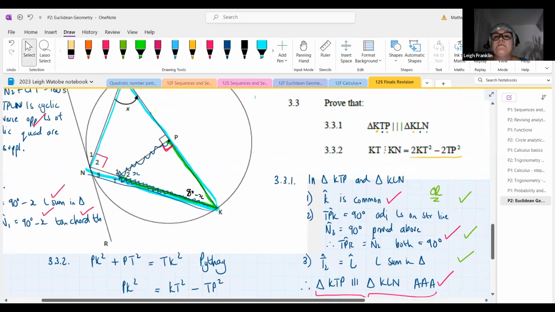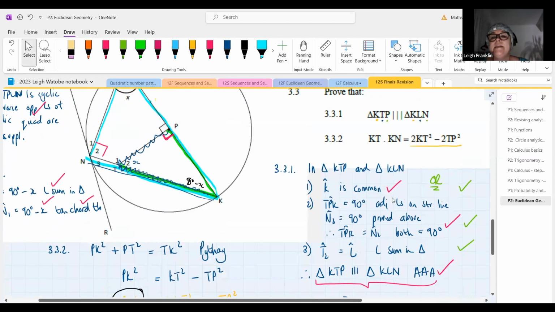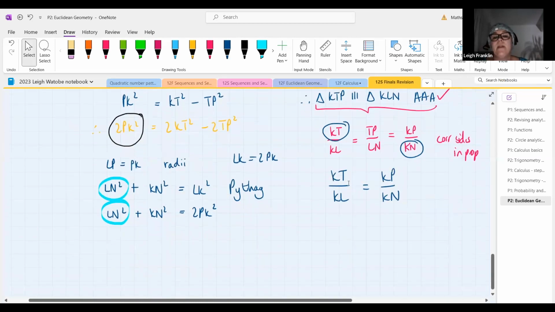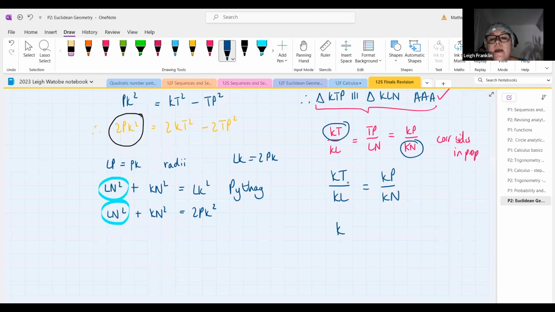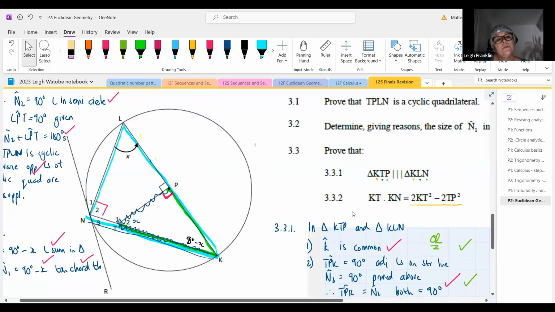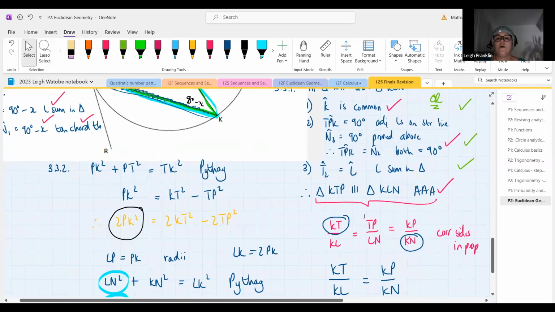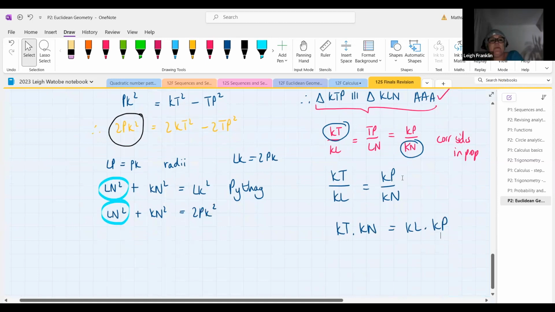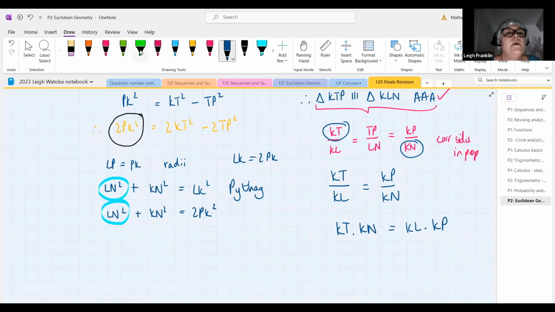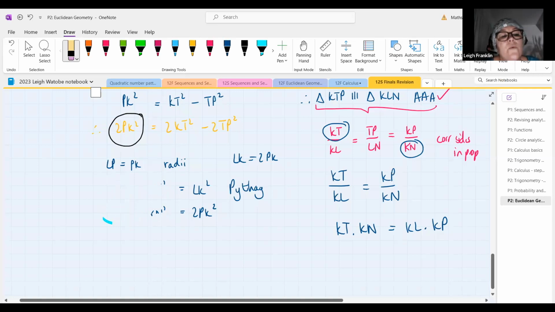If we now cross multiply those two, because we've got KT times KN, KT times KN is equal to KL times KP. There we go. Now, this is the bit that we need, because that LN squared is actually not going to take us anywhere.